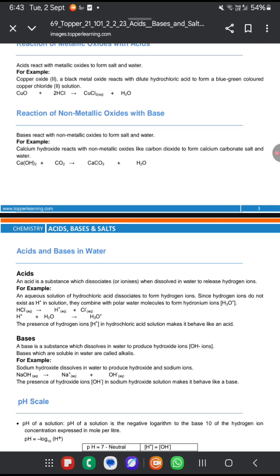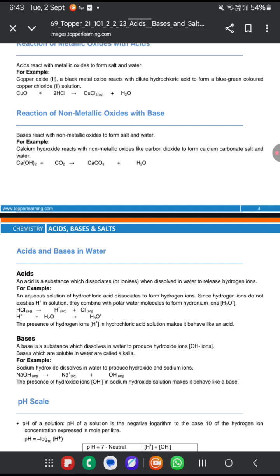Bases. A base is a substance which dissolves in water to produce hydroxide ions, OH- ions. The bases which are soluble in water are called alkalis.